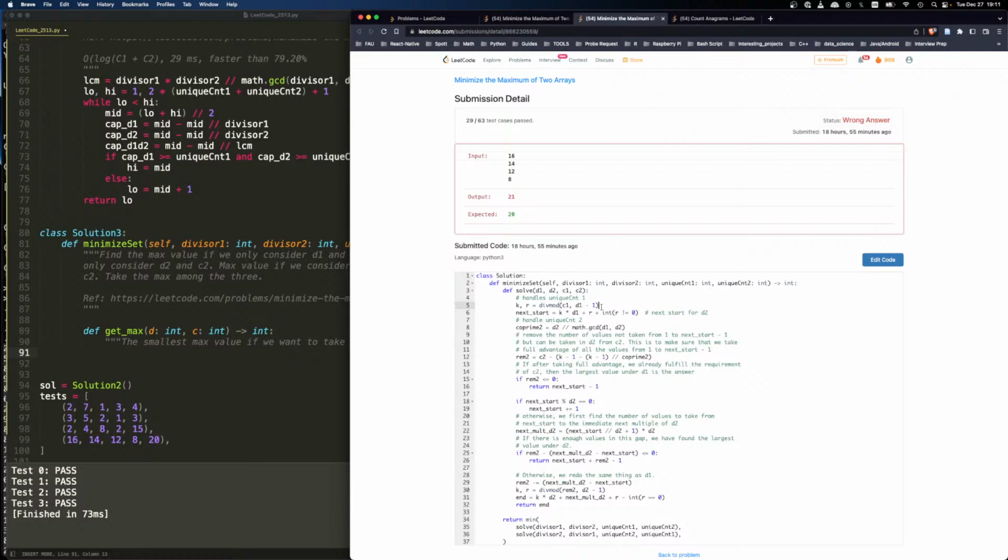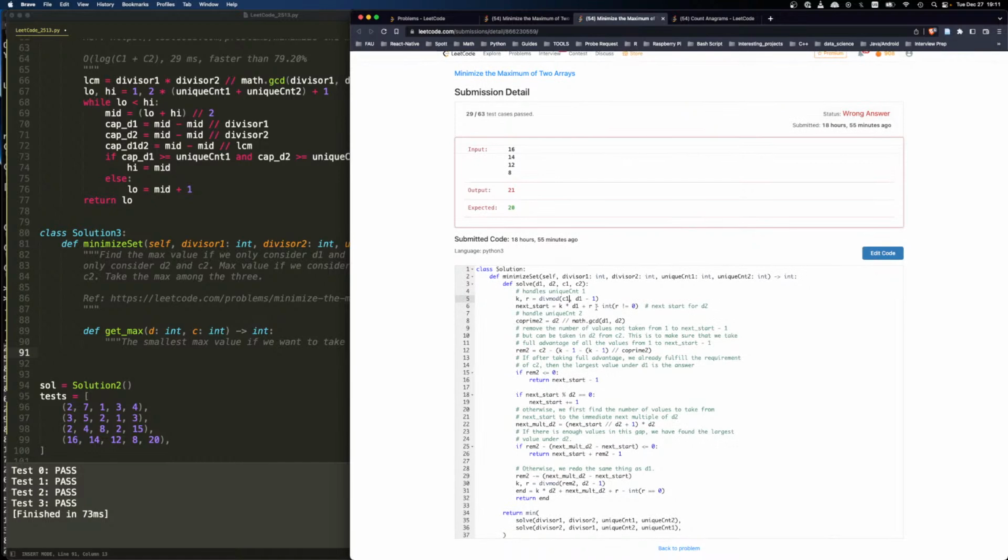Yeah, look at this. We need to have a unique count. Handle unique count 1 is C1 and D1 minus 1. We want to have that many numbers. I was able to get this yesterday, but now it didn't work for me anymore.